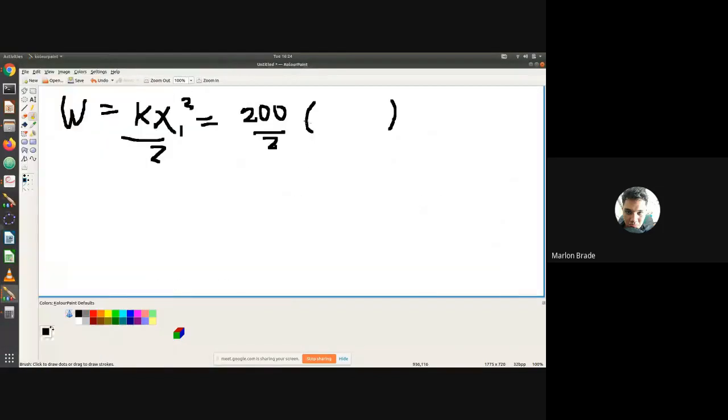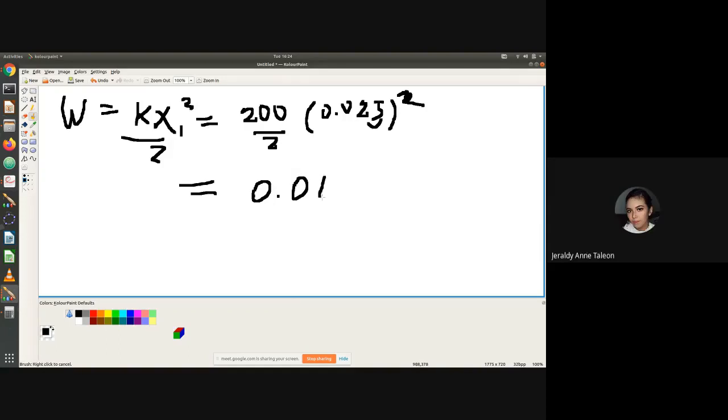Okay, so this is 0.025. How much is it? Ay, yeah, it's squared too, I'm sorry. How much is it? 0.06 joules, sir.